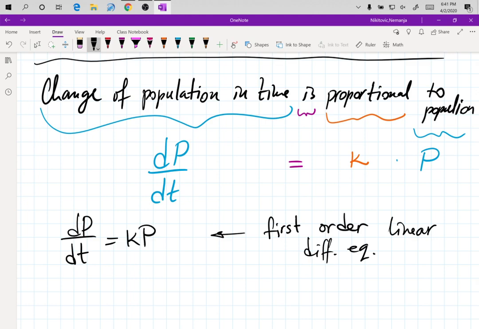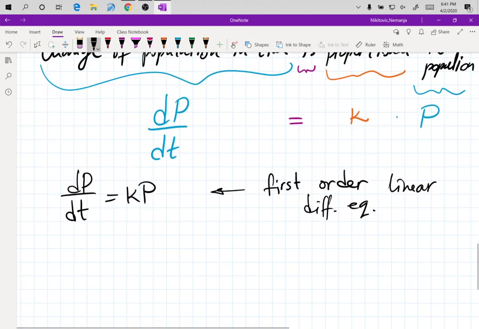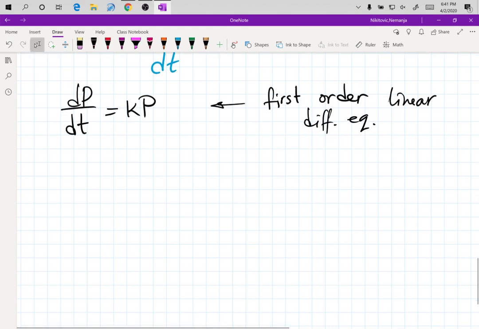And we would like to solve this equation because when you look at this situation here, you can see that p, which is population in time, is the unknown function, which is what we are solving for, and our independent variable is the time t.